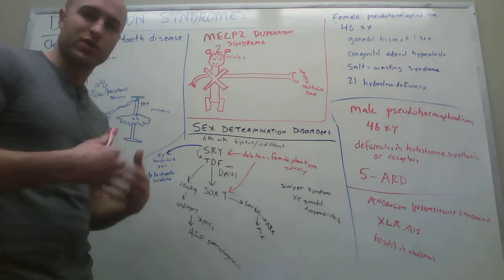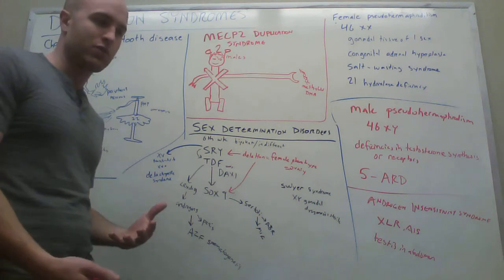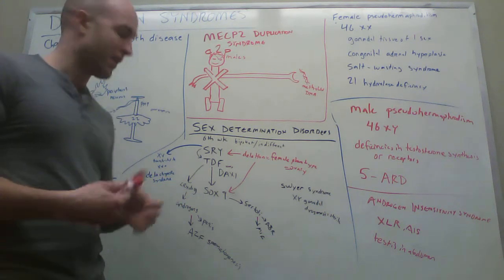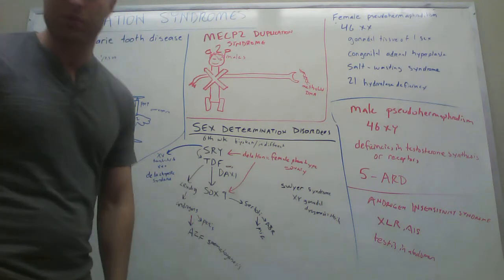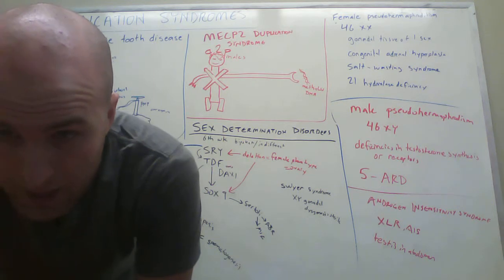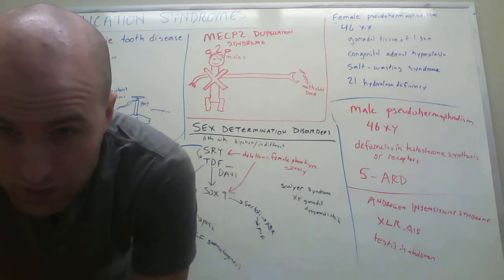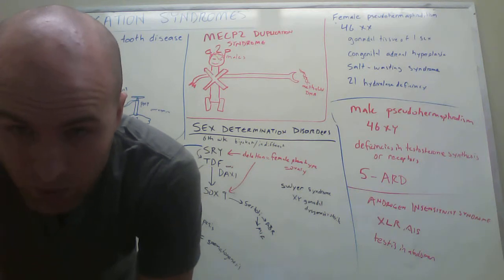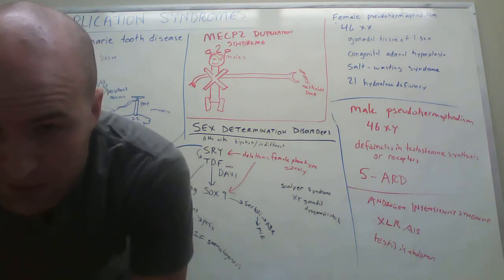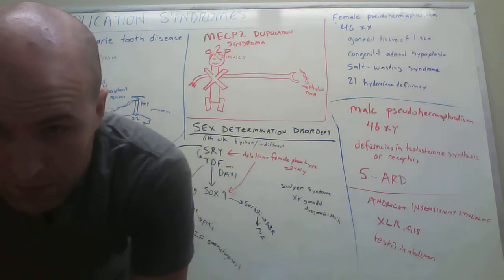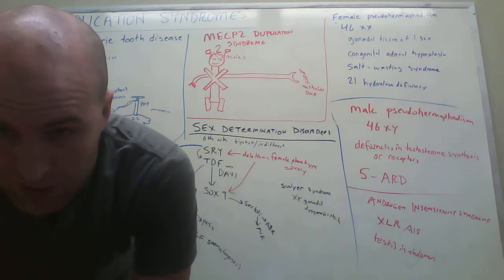And so if the person isn't expressing enough testosterone, or their cells seem insensitive to the testosterone for some reason, then they're going to have an underdeveloped penis, or male primary sex characteristics. And also this has to do with deficiencies in testosterone synthesis, metabolism, or androgen receptors, 5-alpha reductase deficiency, 5-ARD. So they have small penis, blind vaginal pouch, or testicular cancer.